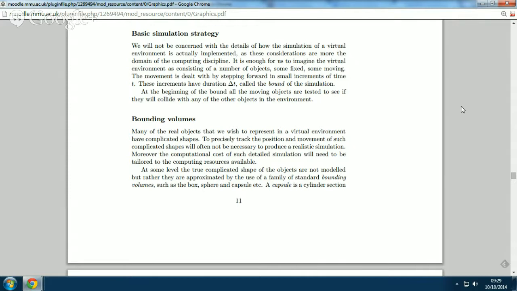Okay, so bounding volumes. I've illustrated some of these. We made the point that to precisely track the position and movement of complicated shapes is often not necessary to produce a realistic experience. And moreover, to do it in great detail would be very expensive computationally.